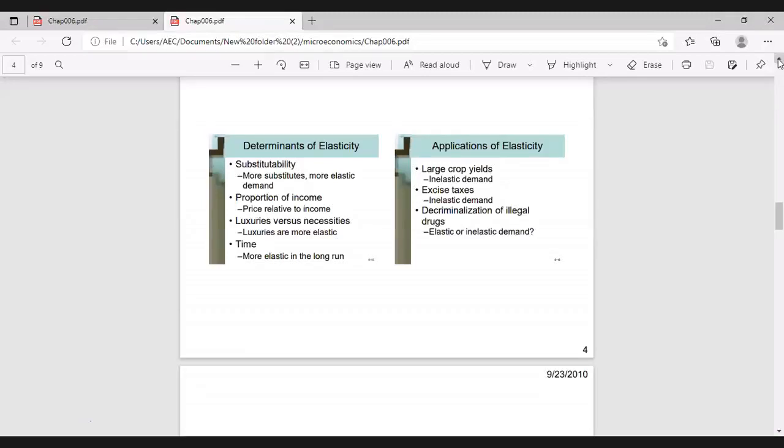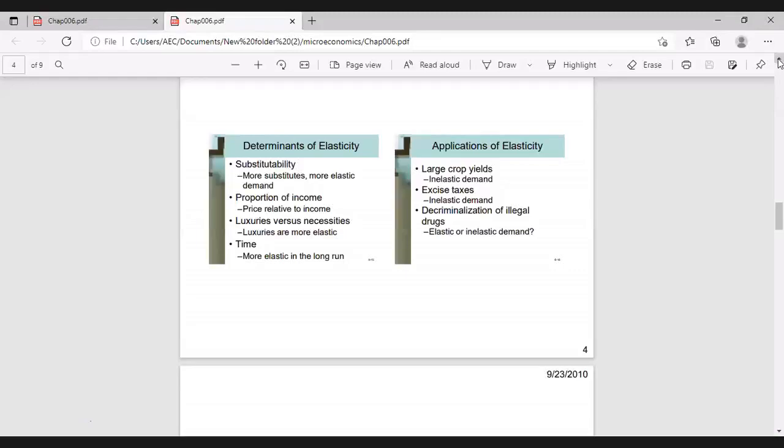So luxury versus necessity goods: the demand for luxury goods is more elastic.